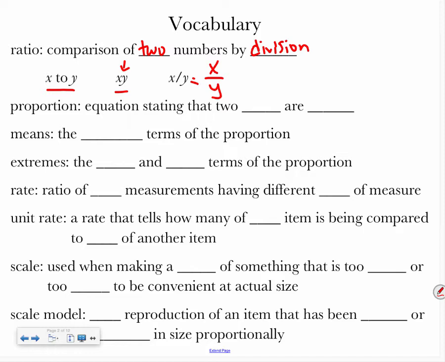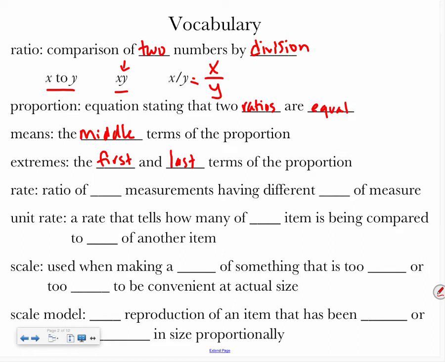All right, a proportion is an equation stating that two ratios are equal. Okay, so having two ratios that are equal. Means are the middle terms of the proportion, and extremes are the first and last terms of the proportion.